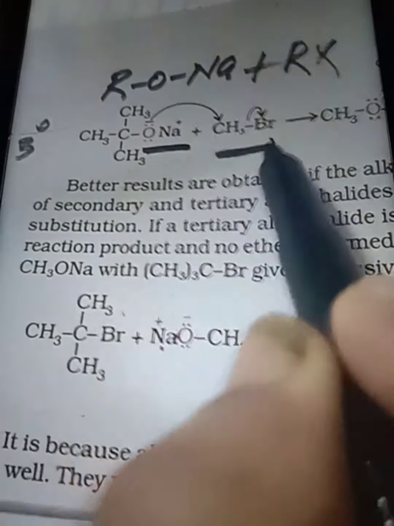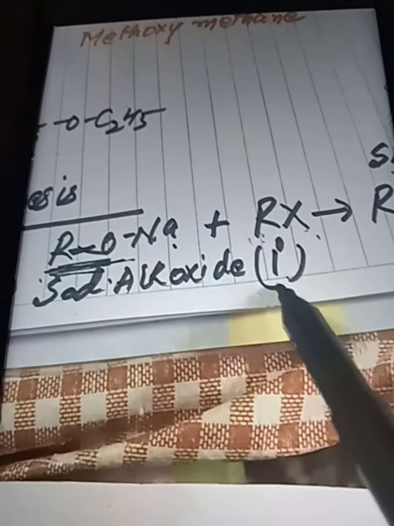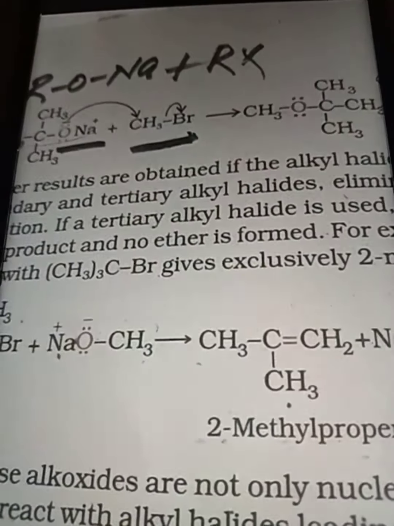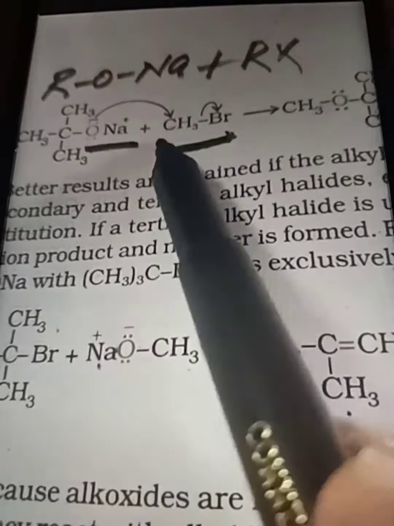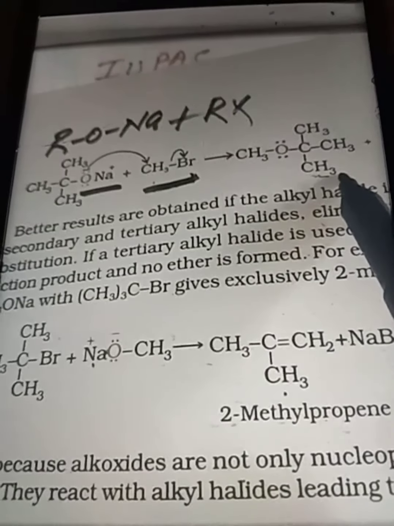This RX is given. Now what reaction have we studied in Williamson's? RONa plus RX. And the R of RX should be 1 degree if we want to obtain ether. You see in this case the R of RX is 1 degree only and here we are obtaining the ether.